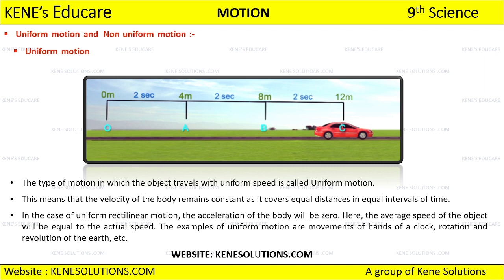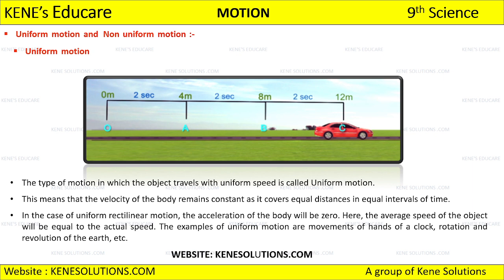Then in the case of uniform rectilinear motion, the acceleration of the body will be zero. Uniform rectilinear means linear, uniform motion. In that case, the acceleration of the body is zero, and the average speed of the object will be equal to the actual speed.